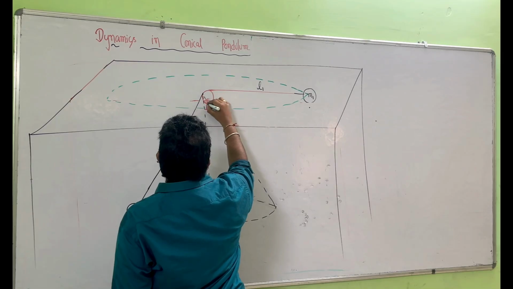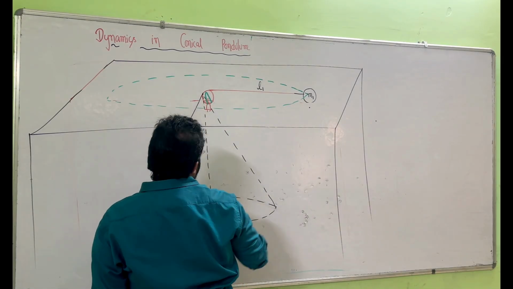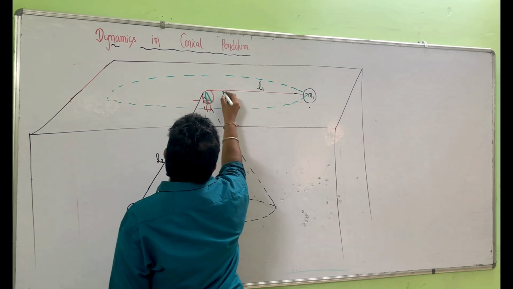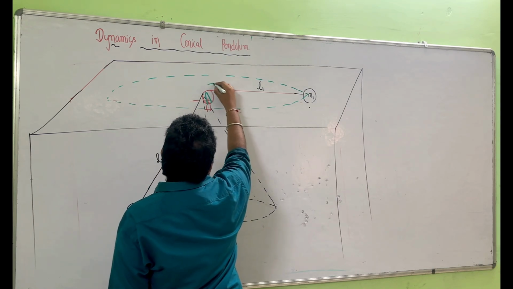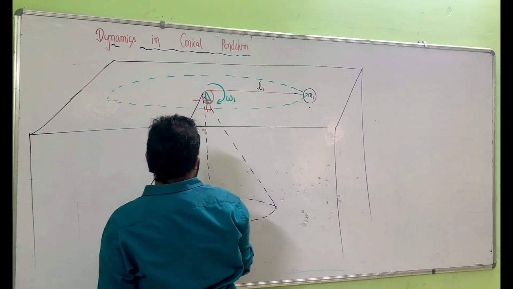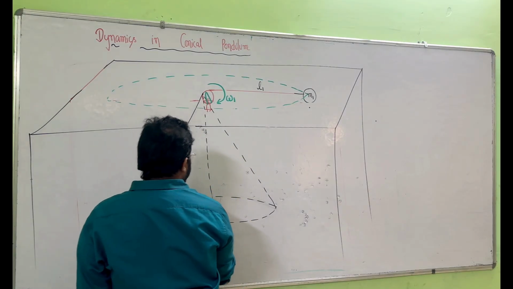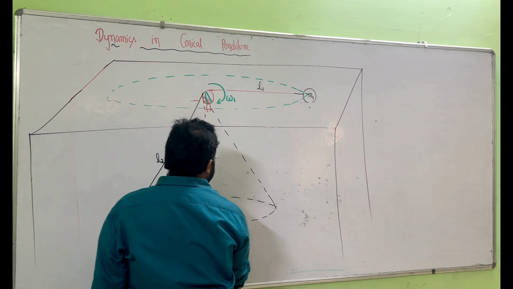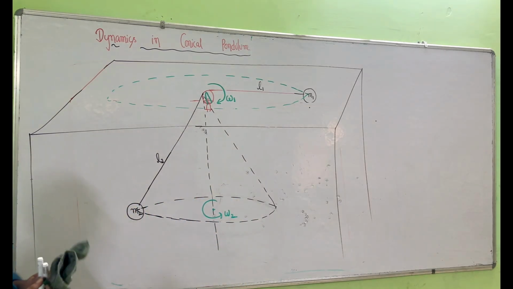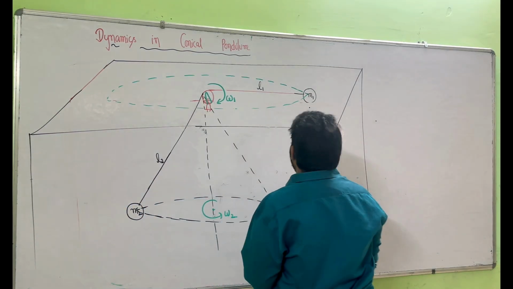Here it is moving like this, so here to here this is omega 1. Here this would be omega 2. Clear? Understood or not?